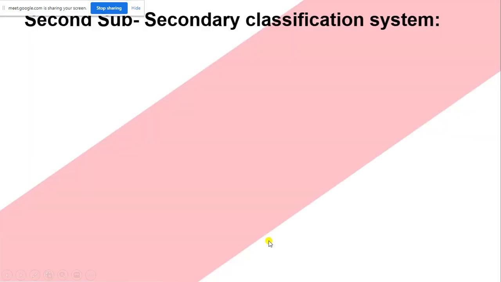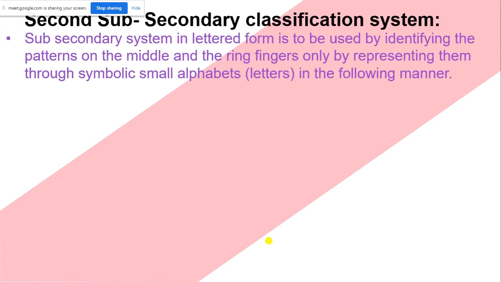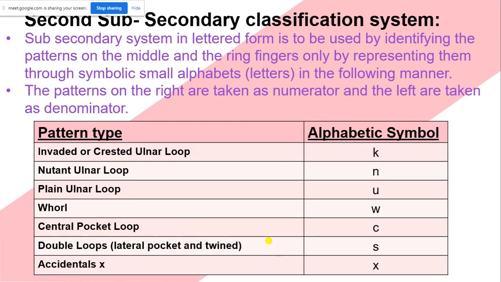The second type of subsecondary classification is the lettered form, where we are referring to the patterns that are present on the fingers that we are talking about, except obviously for the index finger, because the index finger is already being considered in secondary classification.